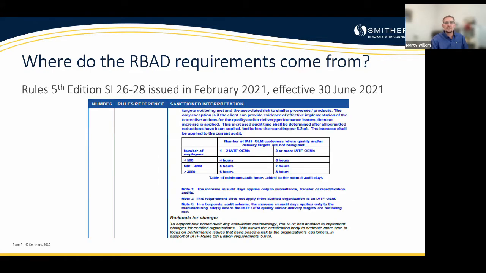So if the targets aren't met, they gave us a table, and I'll get into these a little bit more in depth, but I would encourage you, if you haven't done so in a while, to go to the sanction interpretations and download them and have a look at what's new and what's different with them, especially being conversant with 26 through 28, where they pertain to RBAD, especially if your clients predominantly would have IATF OEM customers.